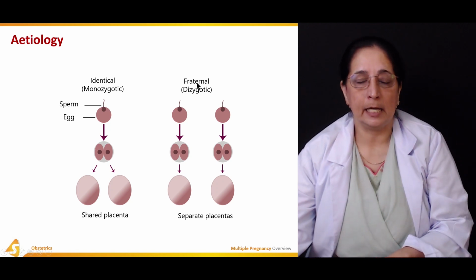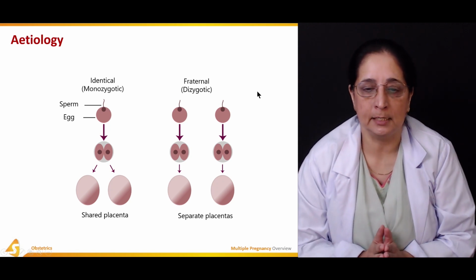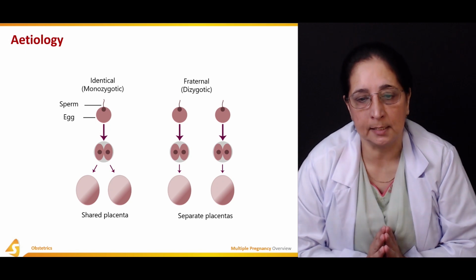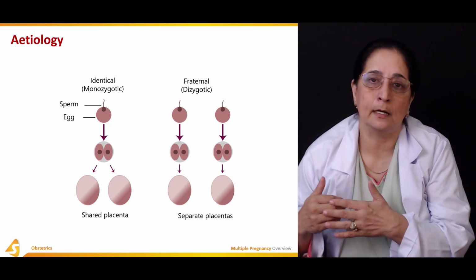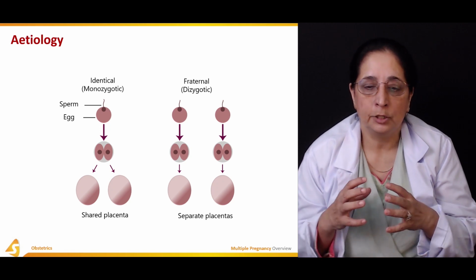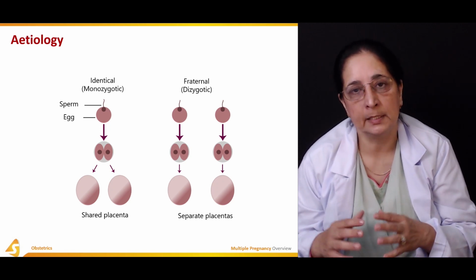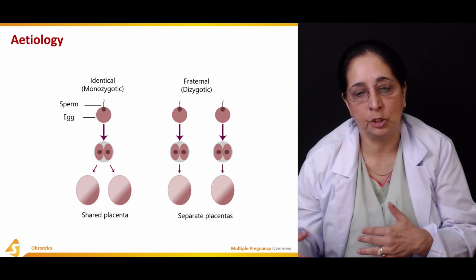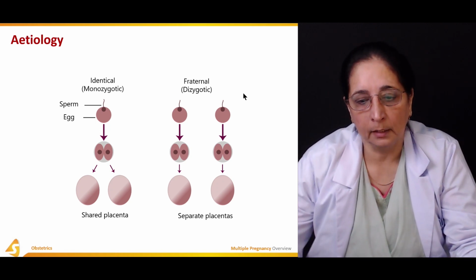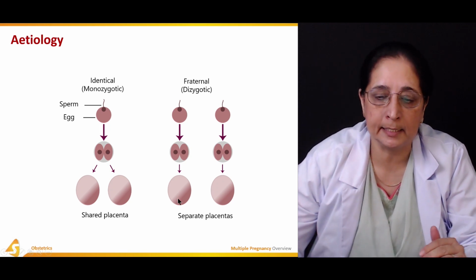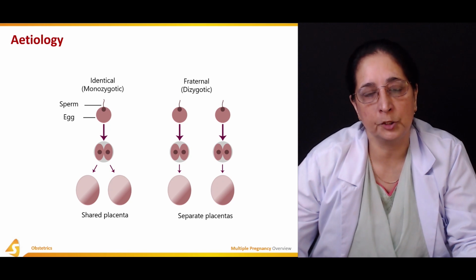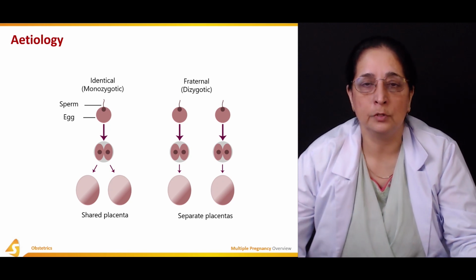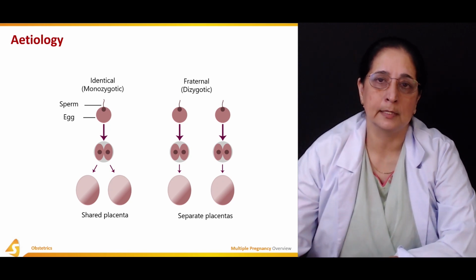Then the other type, fraternal twin pregnancy, is dizygotic. Two separate eggs are fertilized by two sperms and then they give rise to the twin pregnancy, and in this case they have separate placentas because they are developed from two different zygotes or cells.